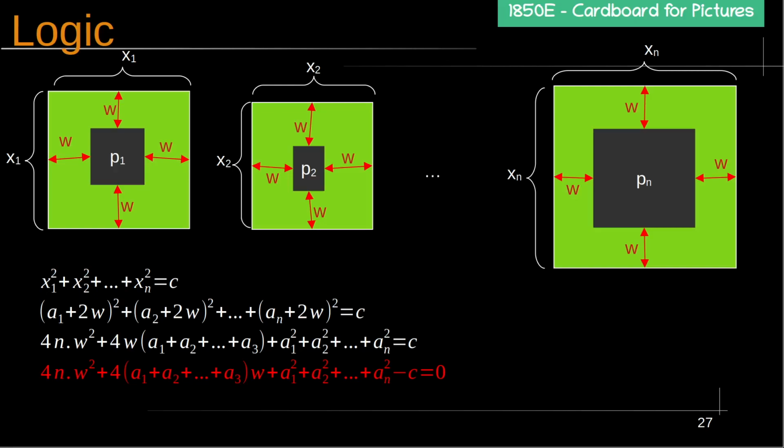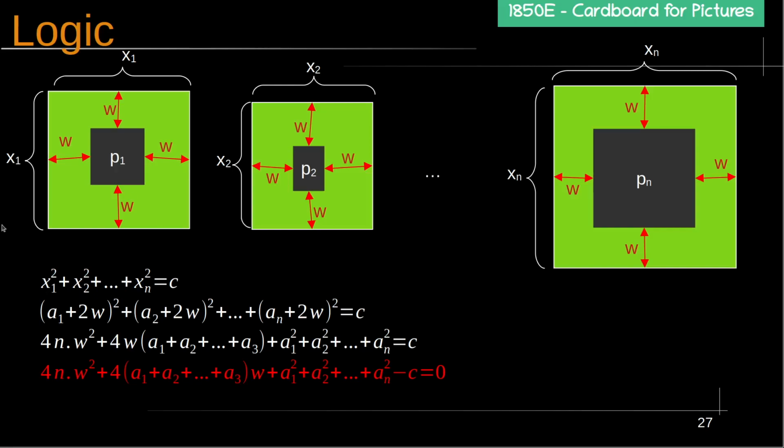Let's see the logic of this solution. Let's say we have n pictures from P1 to Pn, and we have, of course, n cardboards. Let's say that the size, because we have square cardboards here, the size of the first cardboard is x1, second x2, and until xn for the nth cardboard.